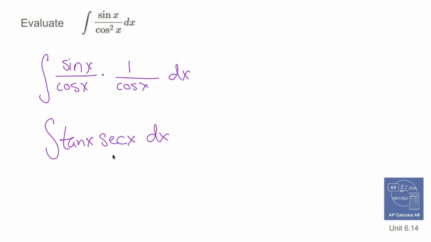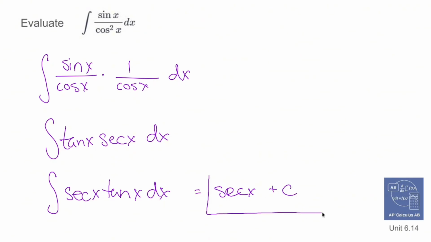Now, we could look at this and be like, oh, I know what's going to happen, but maybe you would rather look at it like this. Secant x, tangent x. Same thing, just worded differently. The integral of secant x tangent x is secant x. And of course, since this is indefinite, arbitrary plus c, can't forget that guy. And now that problem, which looked like an absolute gross mess at first, wasn't so bad, was it?